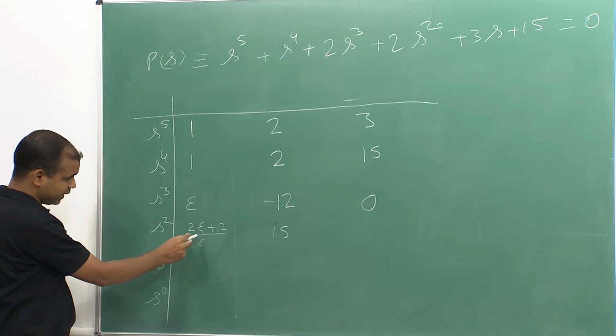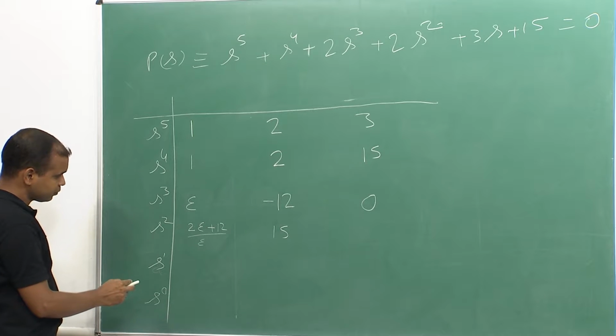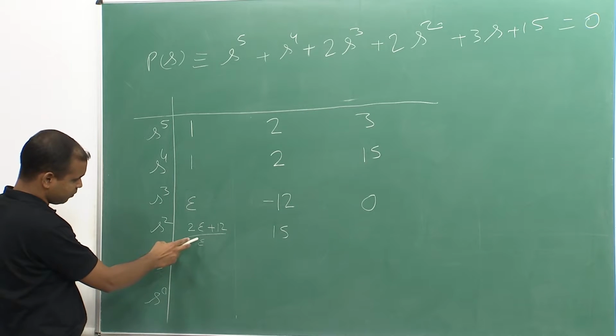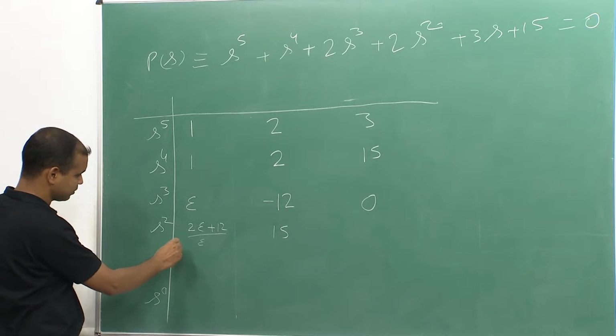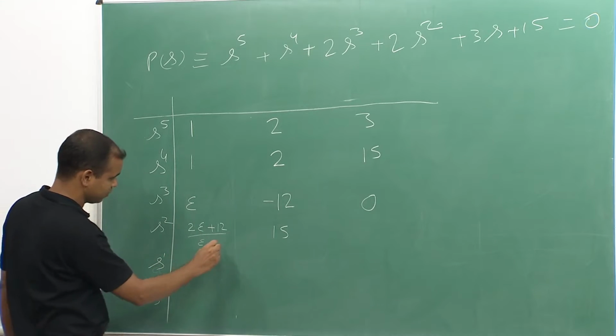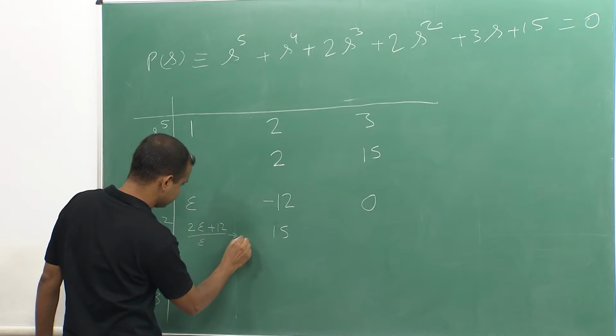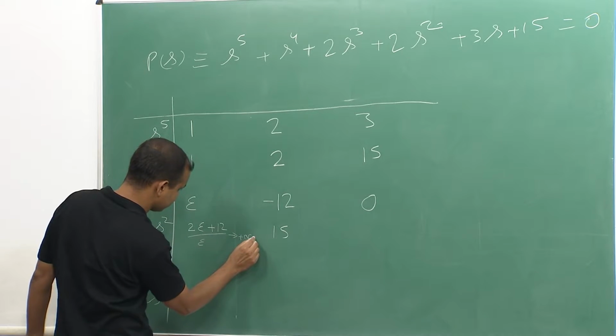If epsilon is tending to 0, this term will tend to infinity. If limit epsilon tends to 0, this will be infinity. So, this will be tending to plus infinity.